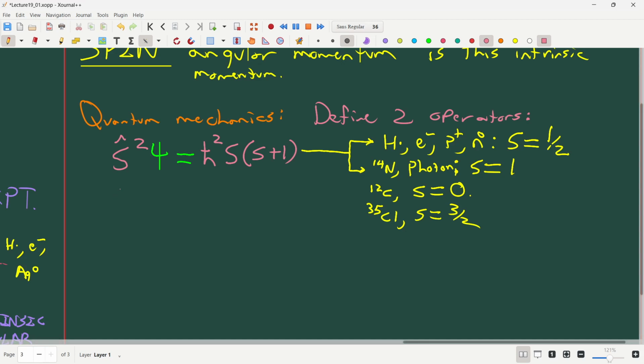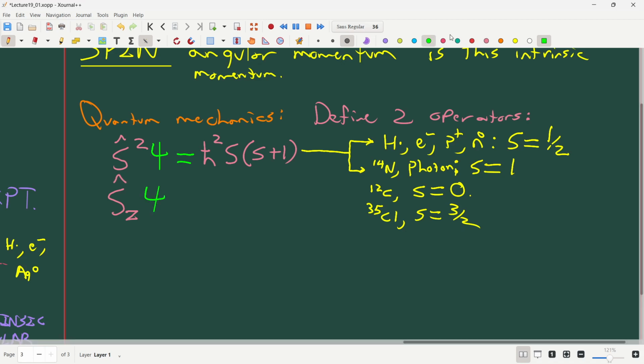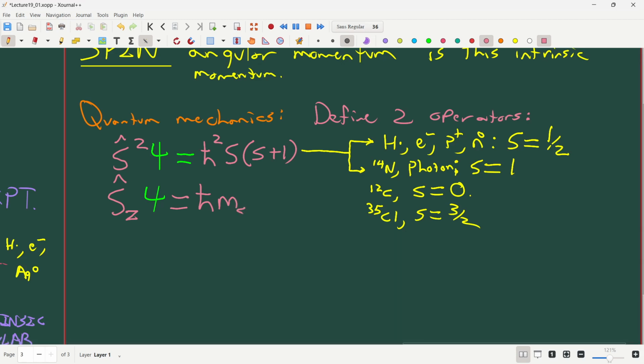And we need one more operator, right? We need the direction. So we define the S sub z operator, and the result is precisely the same. The h bar times an m number, which we call m sub s, times psi.